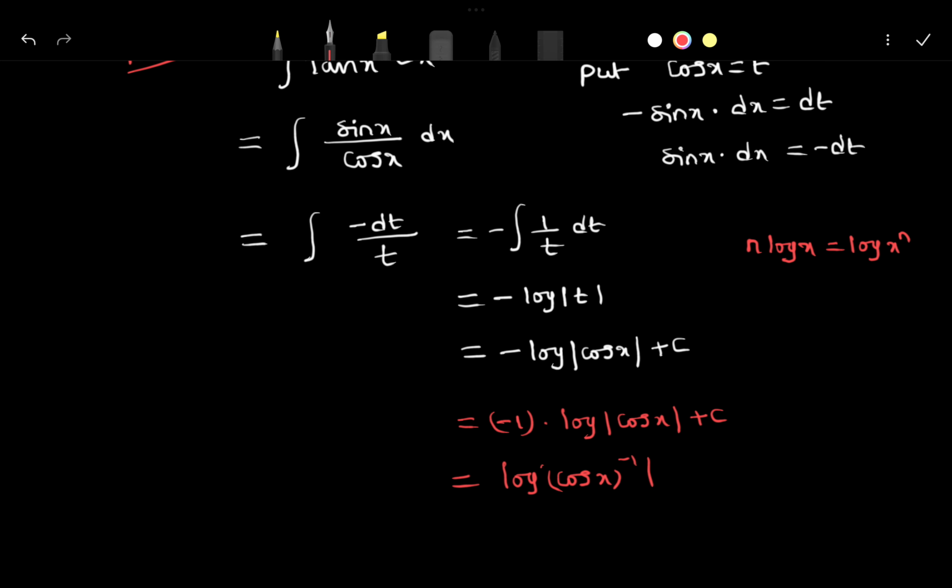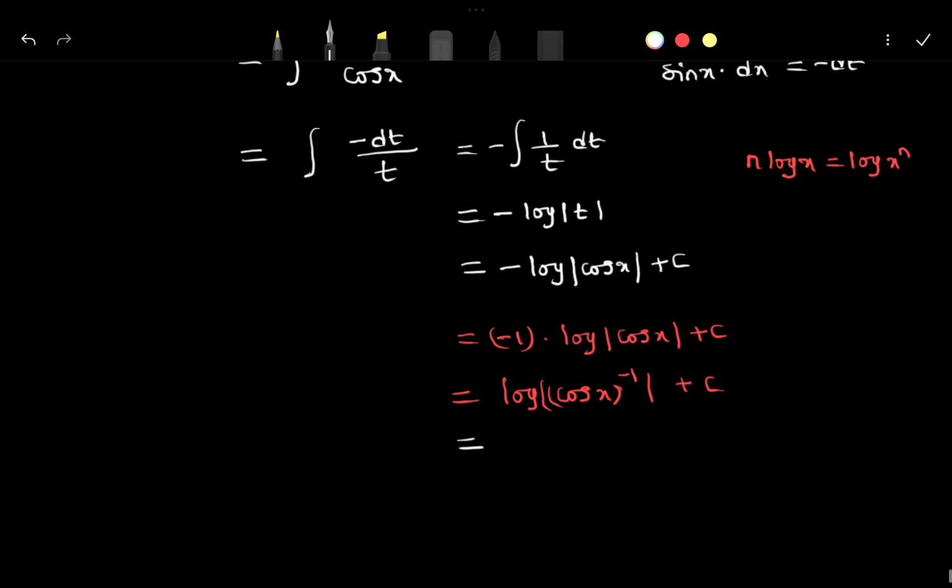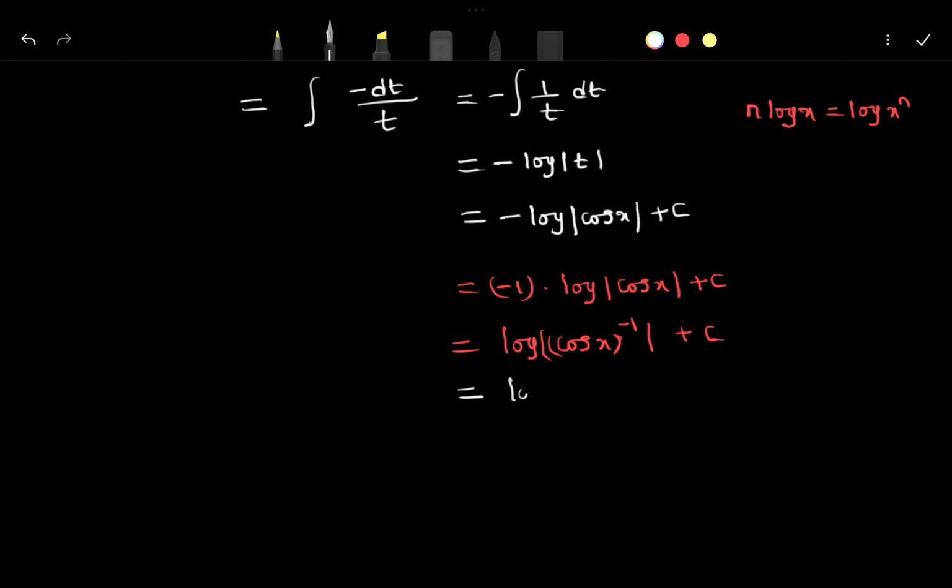Cos x to the power minus 1 means 1 by cos x, so that is equals log of 1 by cos x. You know 1 by cos x you can write as secant x. So this value will be log of secant x plus c. This is the final result.